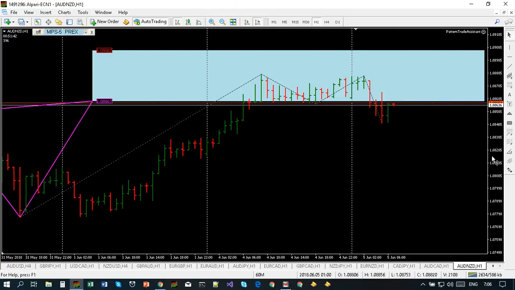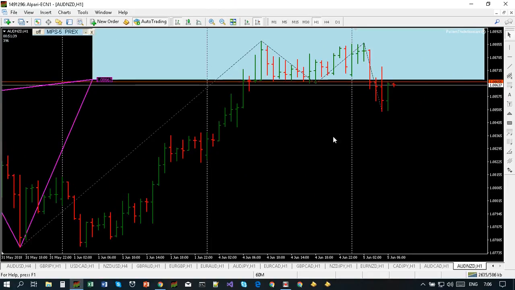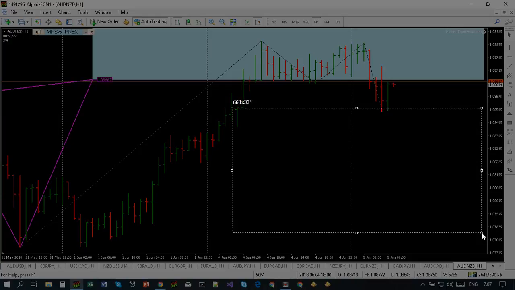So let me show it to you. You see this candle, bearish trending candle, then we had some range. The range typically happens just before the break. If you watch my previous videos, once again, let me show it to you. So this is a potential resistance.